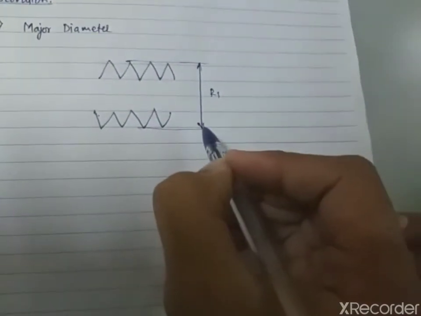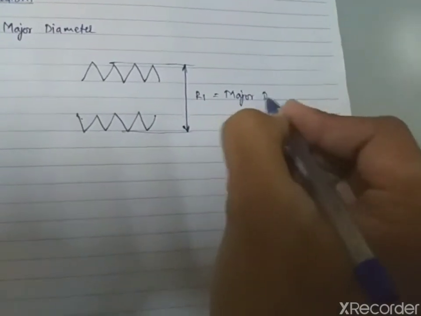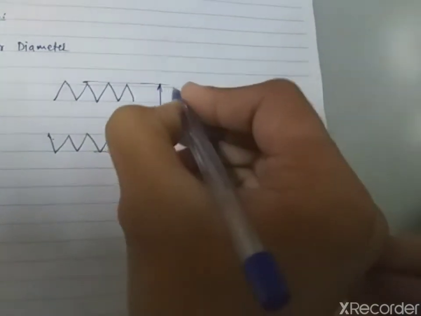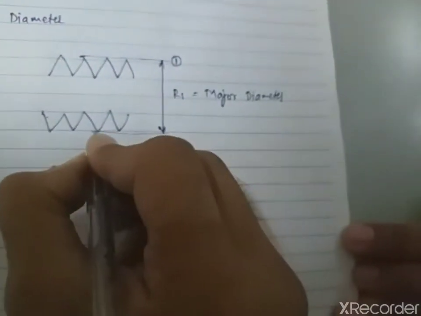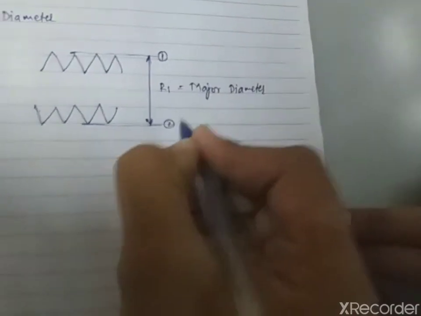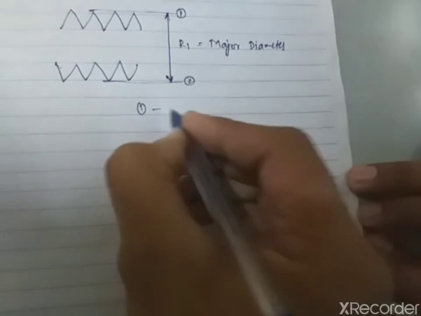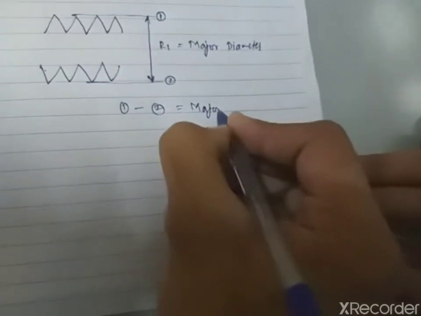So this R1 height will be nothing but the major diameter. For getting this dimension, we have a micrometer. First reading we will take along this line and second reading along this line, and the difference of 1 minus 2 will give the major diameter.